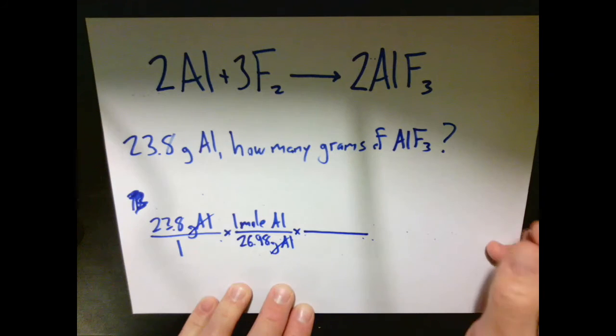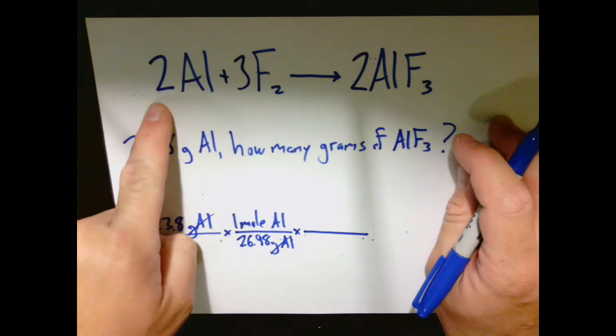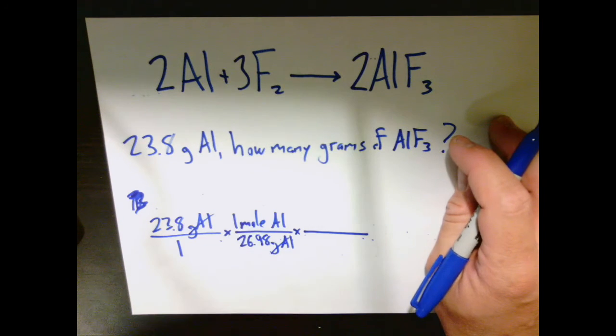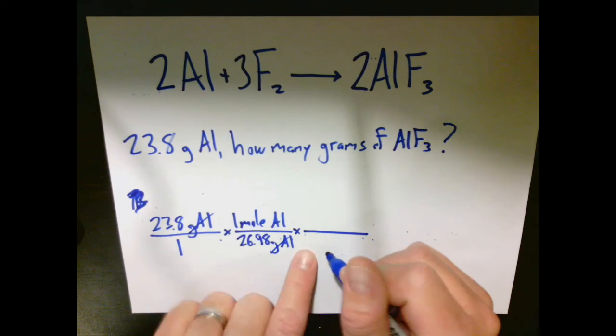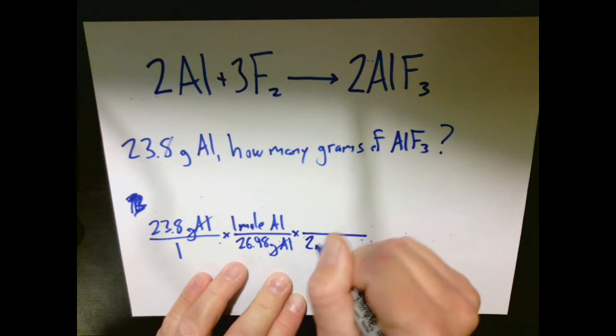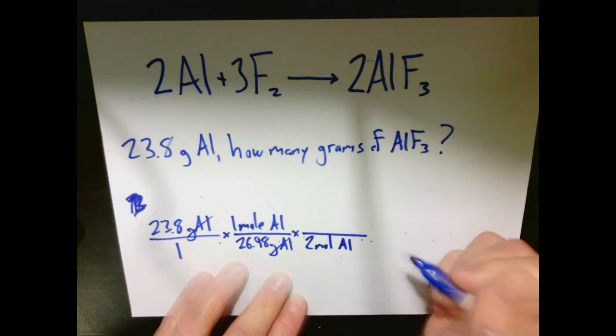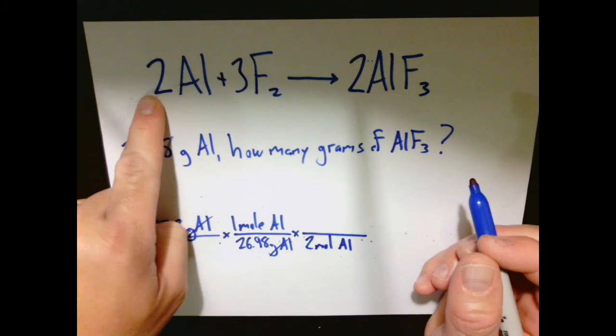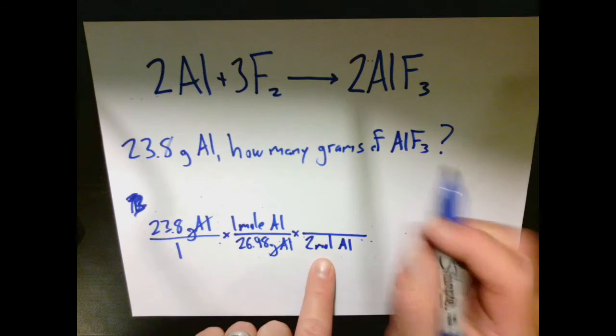The next fraction, we're going to use these numbers from our balanced equation, our mole ratio. So on the bottom, in the denominator, 2 moles of aluminum. And again, if you're wondering where the 2 comes from, it comes from right there. 2 moles of aluminum.